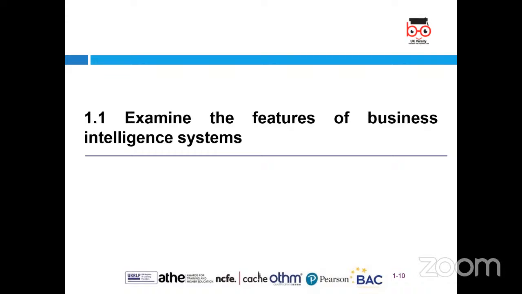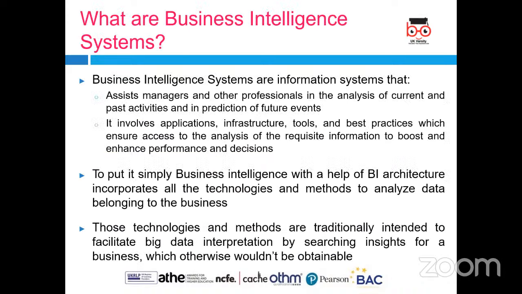So now we're going to examine a couple of the features of a business intelligence system, where the important thing that we have to know is that it assists managers and other professionals in the analysis of current and past activities and prediction of future events.